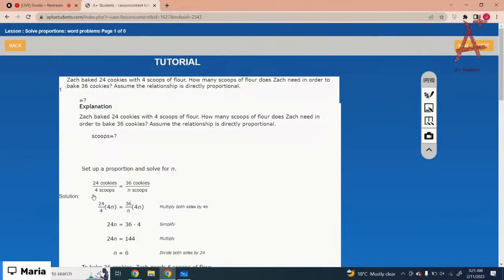Zach baked 24 cookies with 4 scoops of flour. How many scoops of flour does Zach need in order to bake 36 cookies? Assume the relationship is directly proportional.